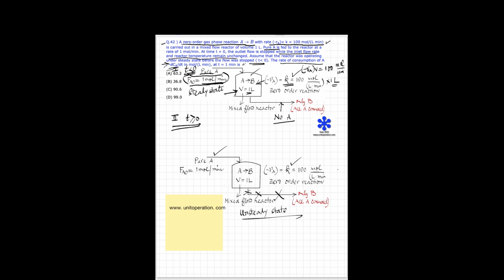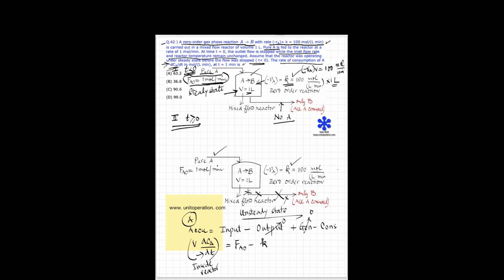So if we write the unsteady state mass balance equation, which is accumulation is equal to input minus output plus generation minus consumption, and here we are writing for component A, so we can write V, which is of course constant, dCA over dt, that is inside the reactor, that will be equal to input, which is of course F A0, minus there is no output stream, cancelled, and there is no generation of A, so this is 0, and the consumption of A is equal to K times V.